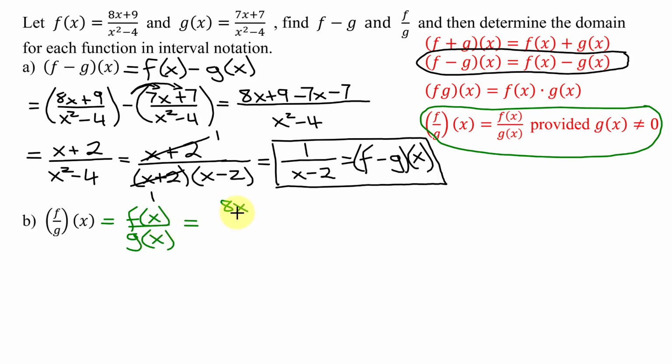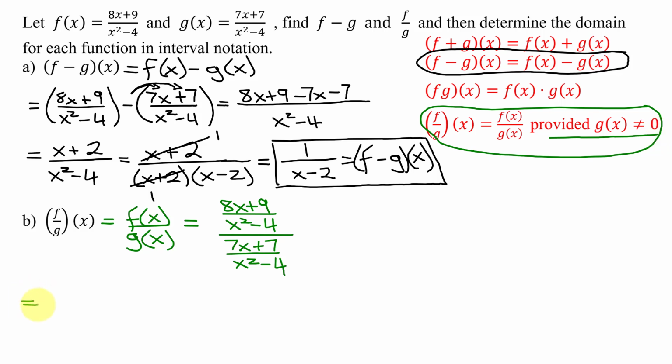It's 8x plus 9 divided by x squared minus 4, all divided by g of x, which is 7x plus 7, divided by x squared minus 4. And we're going to take care of this restriction when we look at the domains in a few minutes.